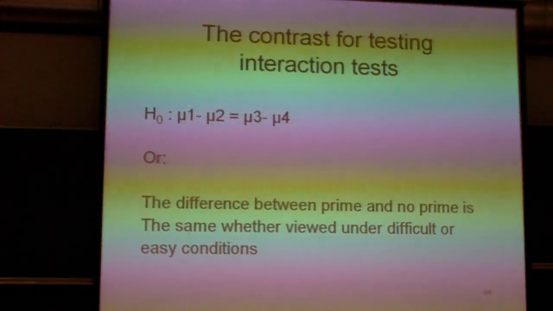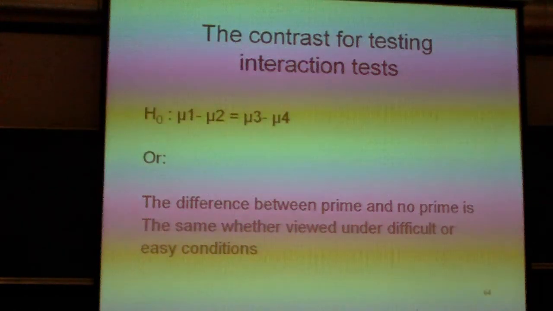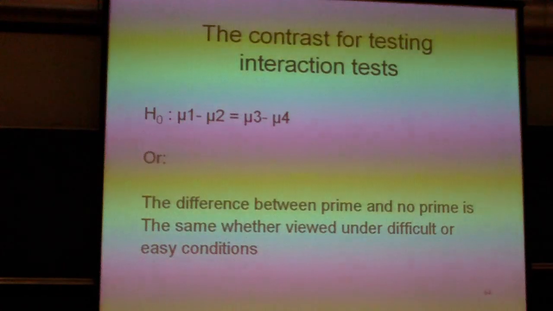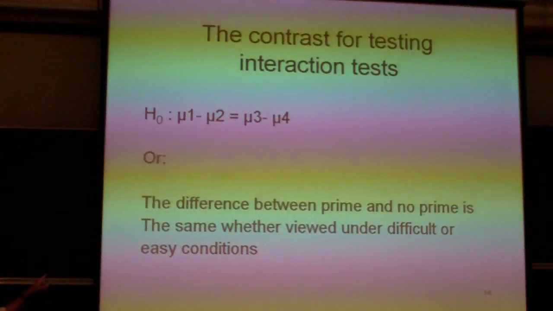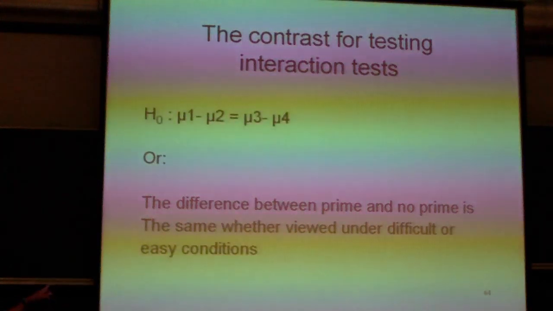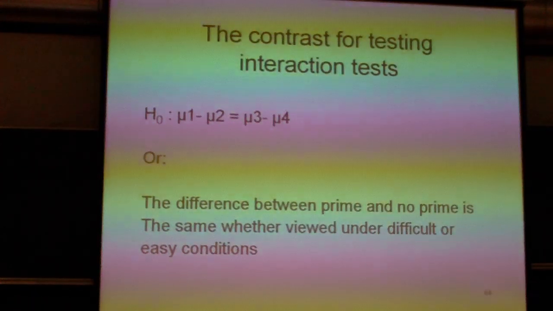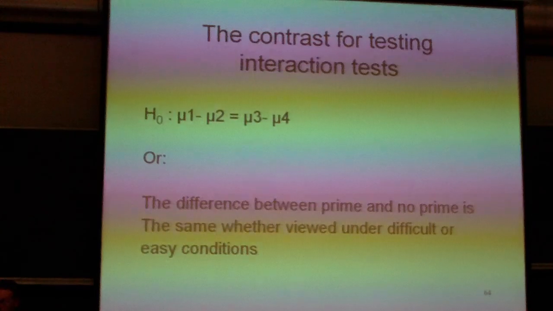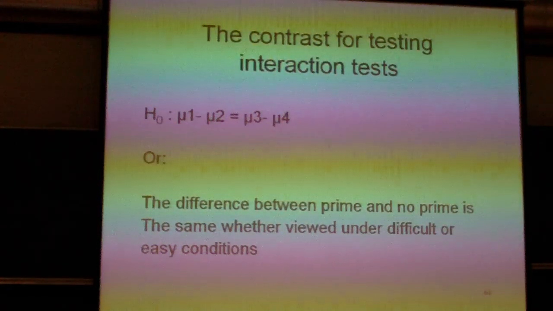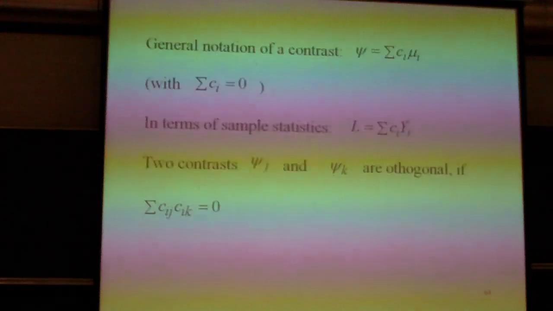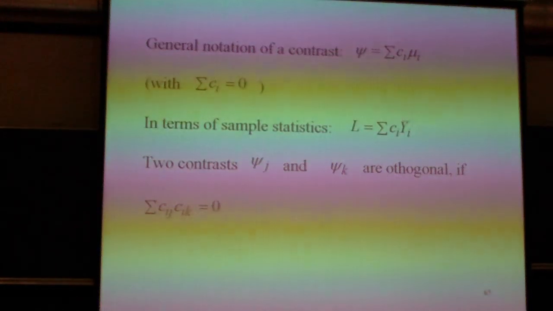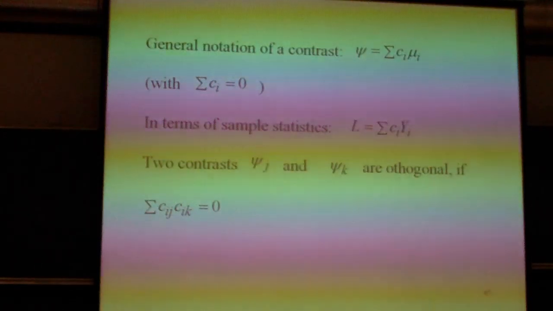That's exactly, of course, what it means not to have an interaction effect. If the difference between being primed and not being primed should be different under difficult and easy conditions, then of course we would have an interaction between priming and difficulty on the dependent variable. So I leave this for you to study when you look at the summary.